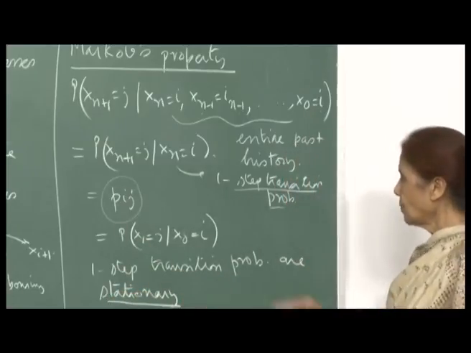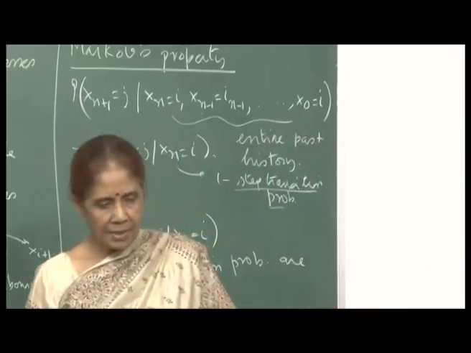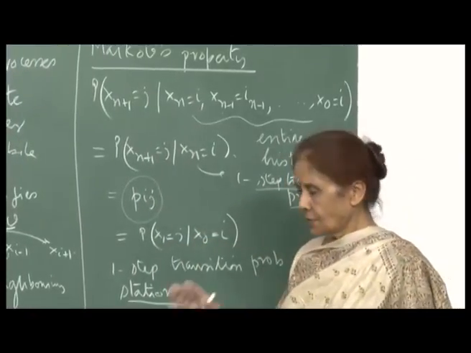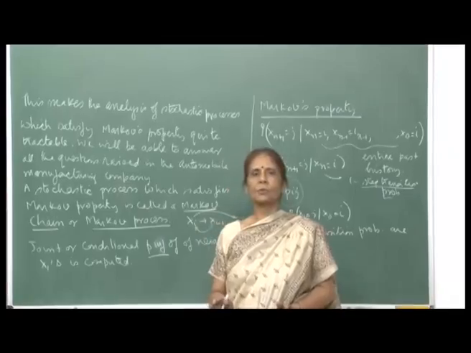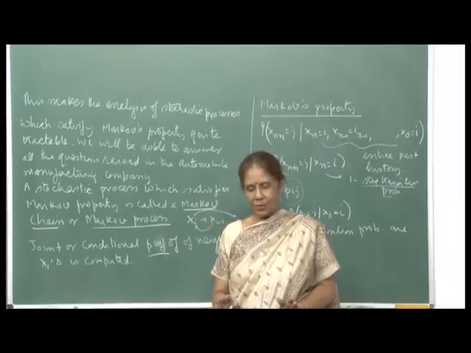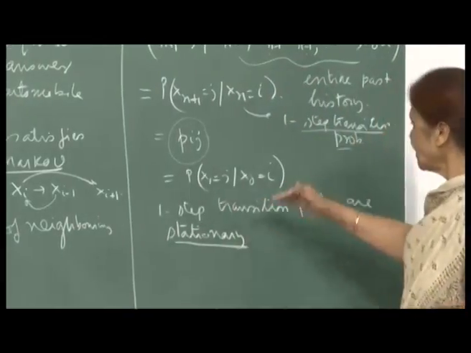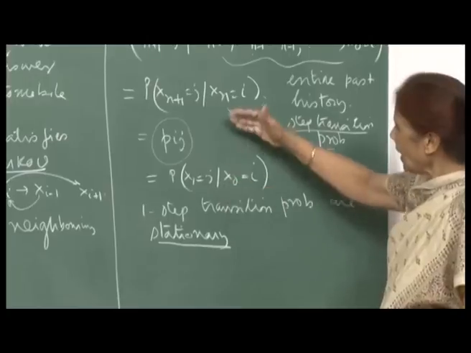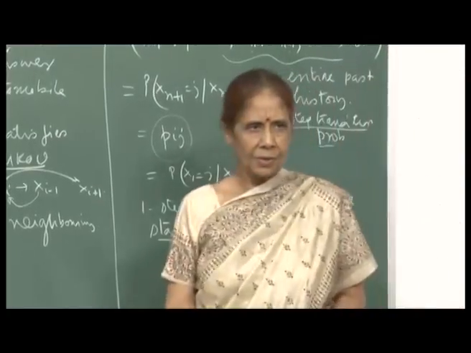So what we are saying is that the one step transition probabilities are stationary. The explanation is that whatever process you consider, after the initial perturbations and so on, the system has settled down, and the process has become stationary. Therefore these transition probabilities are not affected by the time period at which you are considering the transition.